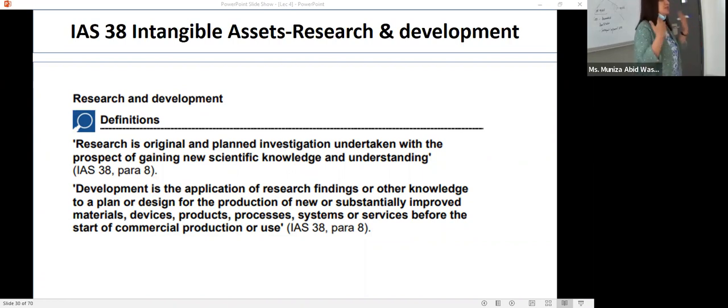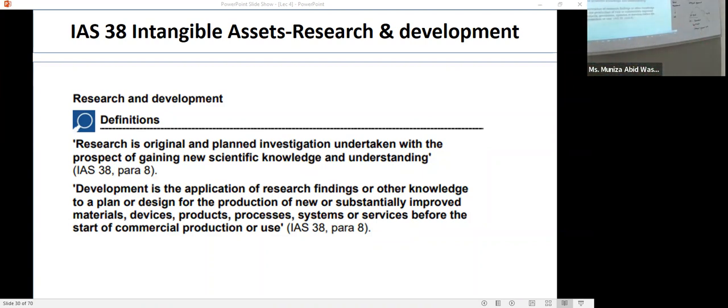Now the organization is ready to develop that particular design. This phase is known as the development phase. All the expenditures incurred in the development stage are going to be capitalized if they are meeting certain criteria. They are not going to be capitalized if they are not meeting the criteria.